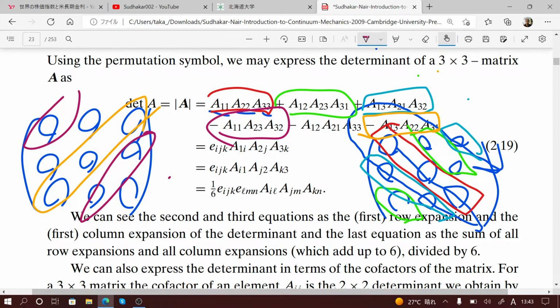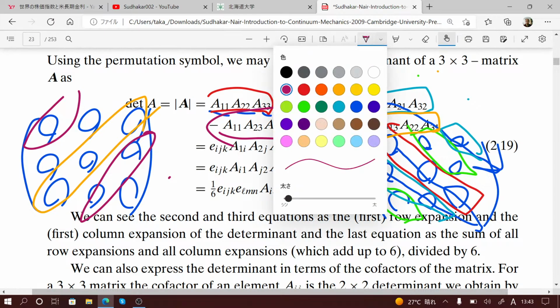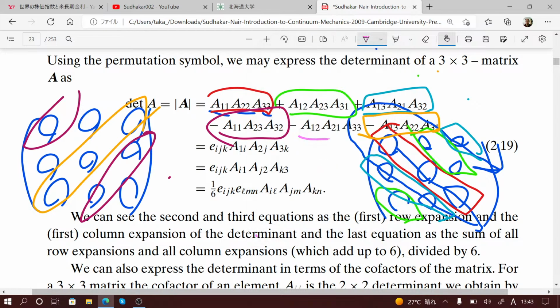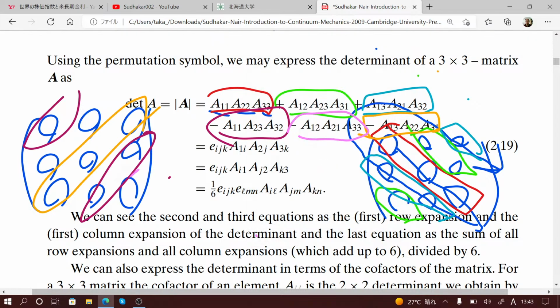Then the last one is this pink one. So in one diagonal, or how do you call this? Naname. I can use Japanese. Naname.